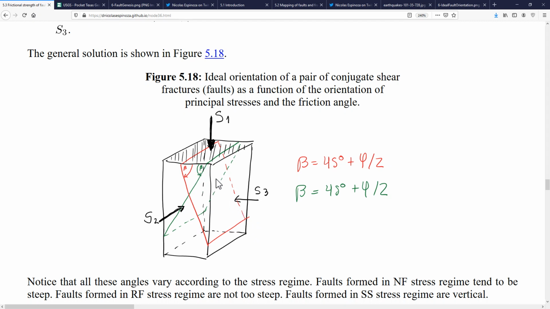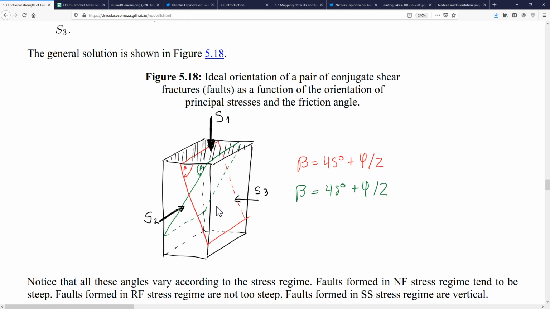Let's look at this three-dimensional block in which we have stresses applied, and these are all principal stresses, S1, S2, and S3, where S1 is larger than S2 and larger than S3.